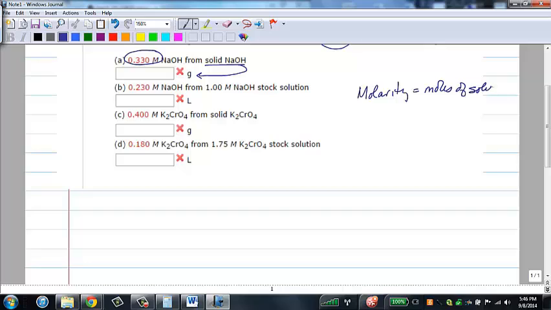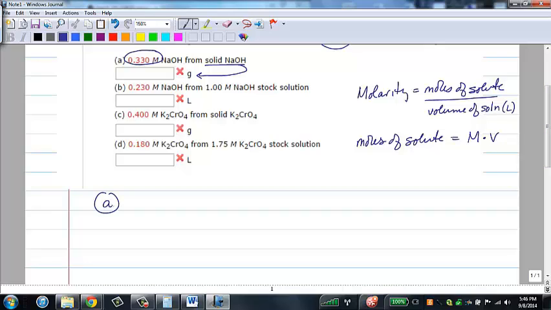Molarity is moles of solute divided by volume of solution measured in liters. But often, we'll be interested in the moles of the solute. And so we will be multiplying molarity times volume to get the moles of solute. In part A, since we need to know the grams of solute, the mass of the solid NaOH, we'll have to calculate the moles of solute first.